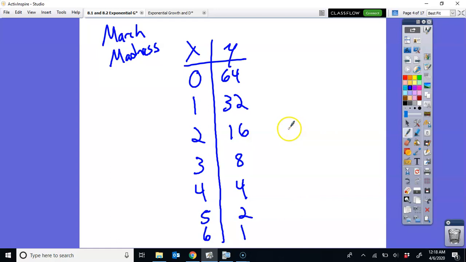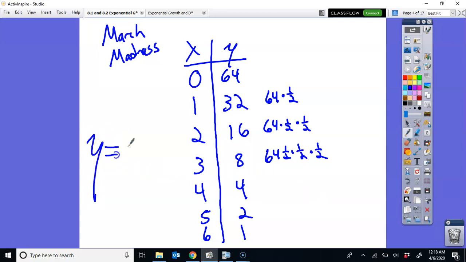Notice what is happening every single round. Every single round, it is cutting in half. So we took this first amount and we multiplied it by a half. Then we took the first amount multiplied by a half and we multiplied it by another half. Hopefully you're starting to get the picture just like we had before.